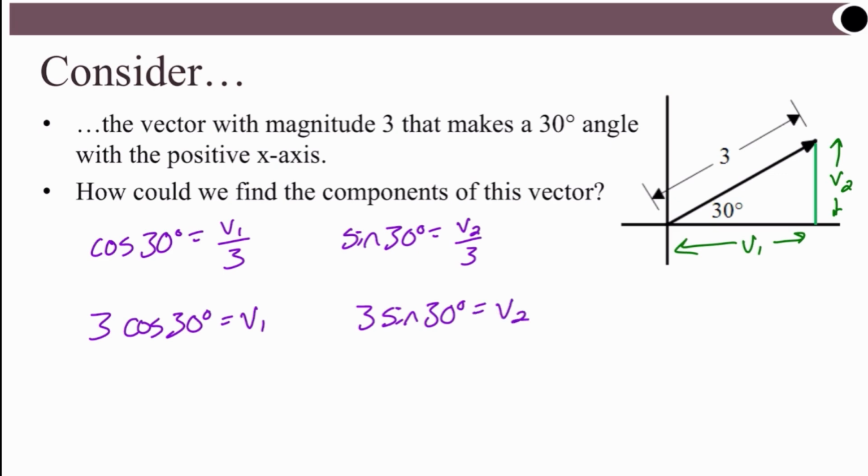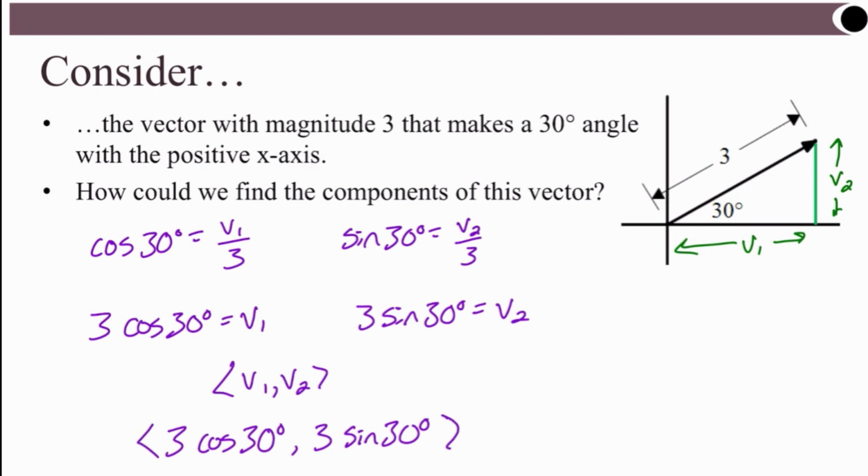With vectors, we write v sub 1, comma, v sub 2 in our pointy brackets. So we're just going to call this 3 times the cosine of 30 degrees, comma, 3 times the sine of 30 degrees in our pointy brackets. But since they both have the 3, that's like your scalar, so let's take that 3 out. Then we have 3 times cosine of 30 degrees, comma, sine of 30 degrees.